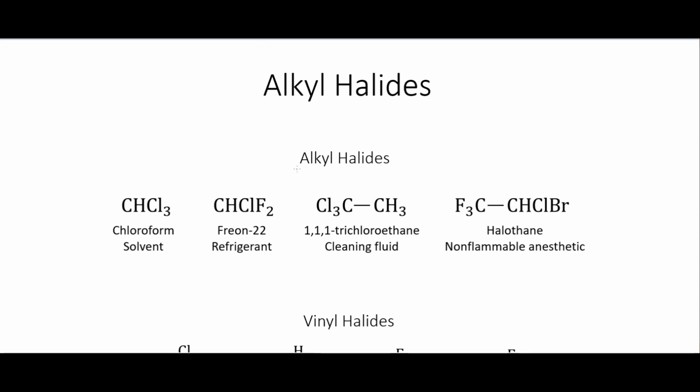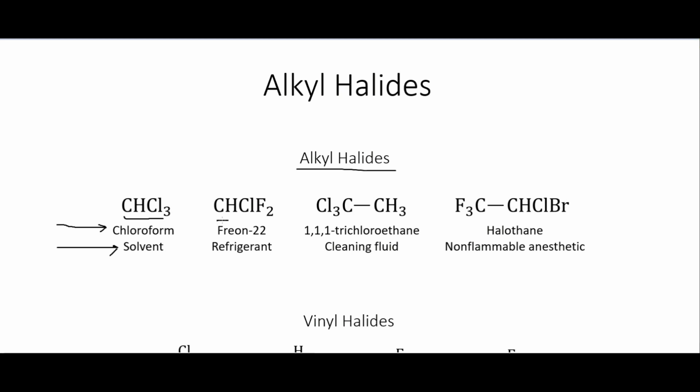So what we see here, we have these alkyl halides where I have the common name up here and then what it's used for right here. So we have the CHCl3 here, whose IUPAC name would be trichloromethane.